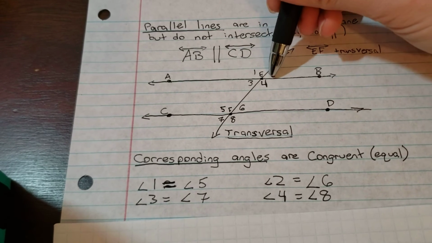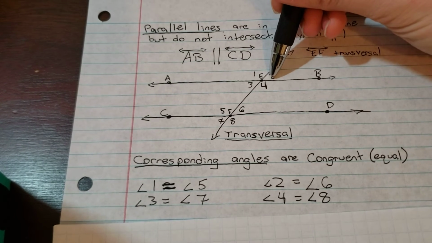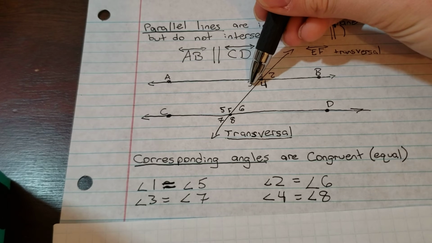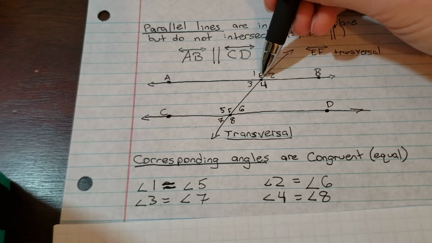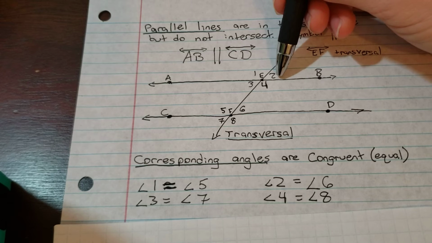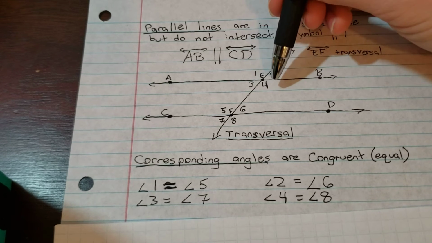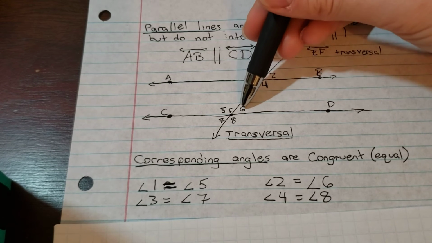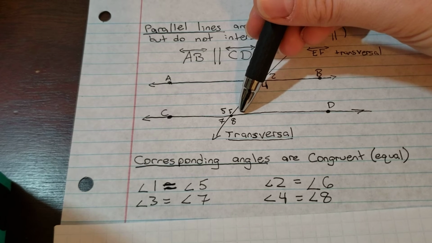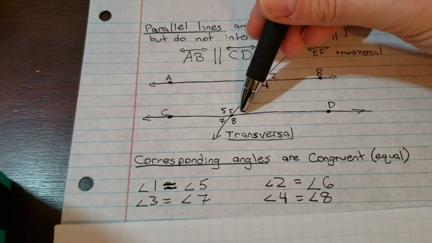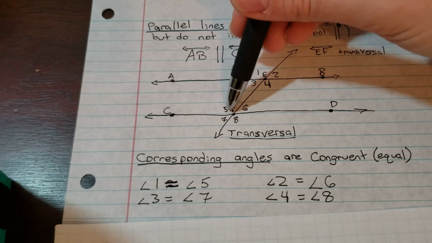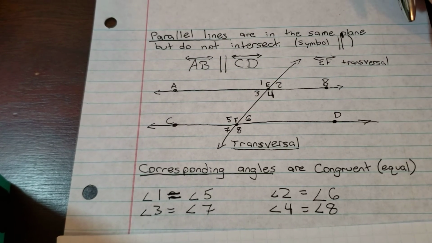So again, if I know the measure of this guy, of angle 2, I know angle 3 is vertical, angle 1 is supplementary, and so is angle 4. And angle 6 is corresponding. And if I know angle 6, I could find these other guys real quick.